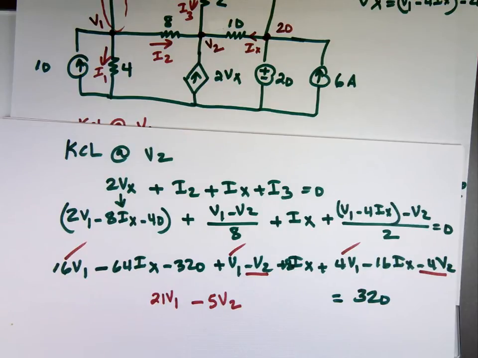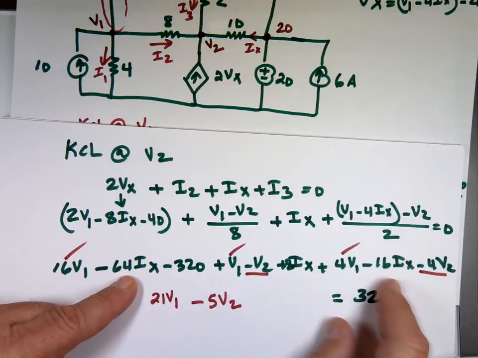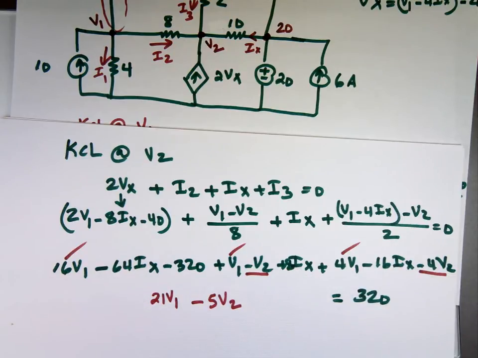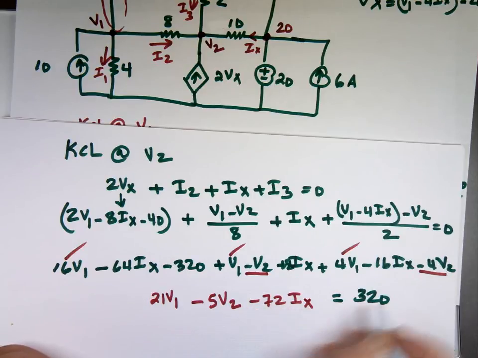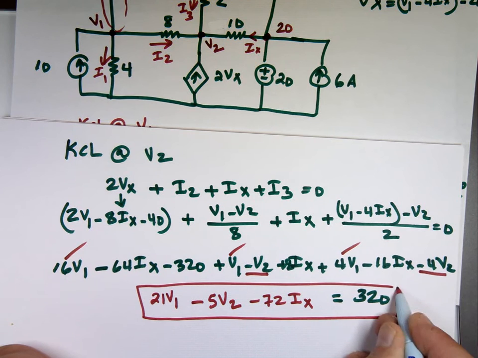Negative 64 plus 8 minus 16. That's negative 8. Is that negative 72? I think I'm good here. That's my second equation. One equation, two equations.